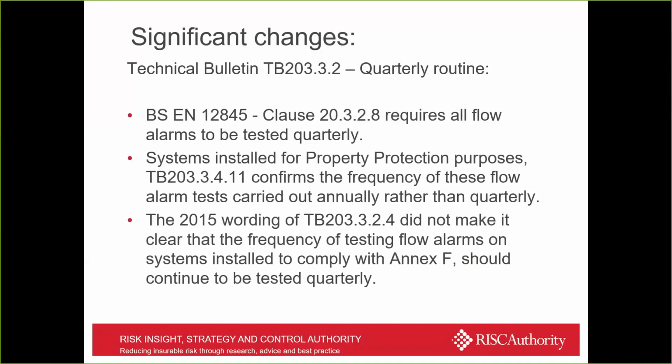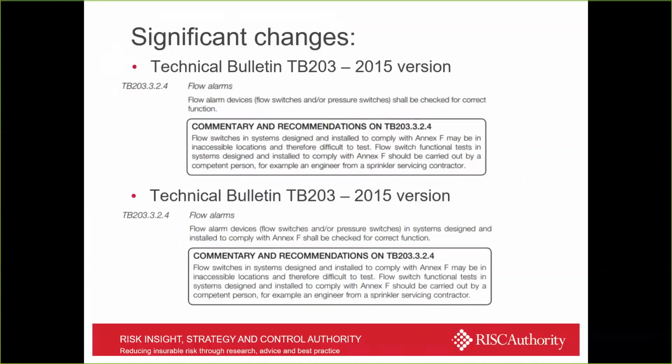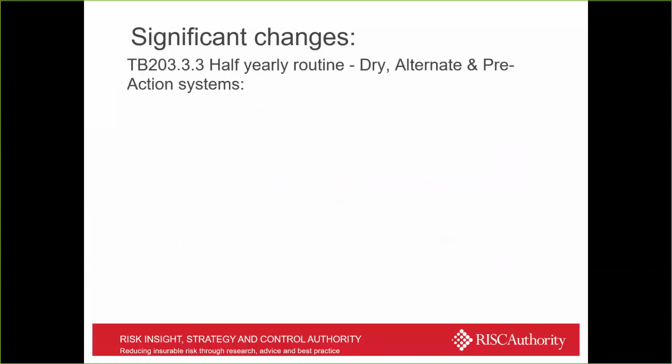But where you've got flow alarms in life safety projects, or rather systems complying with Annex F, we didn't feel that we could reduce those to just being tested annually, as most of the flow switch manufacturers have a recommendation to do those quarterly. So for life safety projects, you'd still test the flow alarms quarterly, but for property protection systems, you can push that out to annually now. And here are the changes as reflected now in the printed latest version.